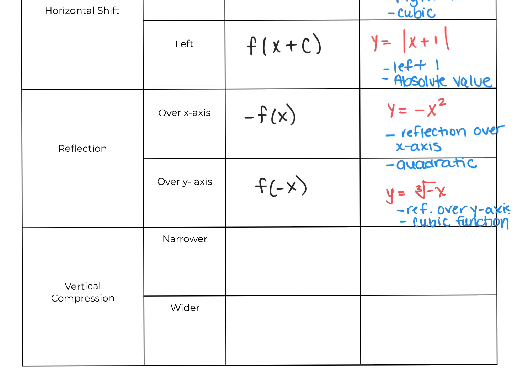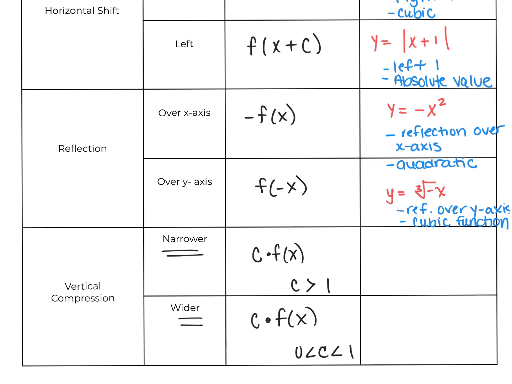Okay. And then last but not least are our vertical compressions. These make your graphs narrower or wider. So we could have a number in front, c times f of x, and when c is greater than 1, we are narrower. If I have c times f of x, and c is a number between 0 and 1, then we will be wider.